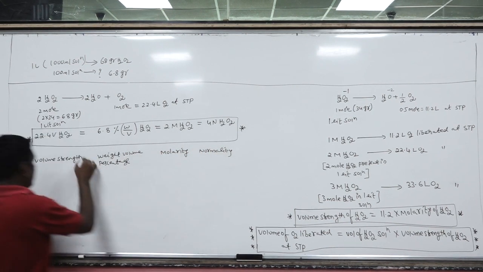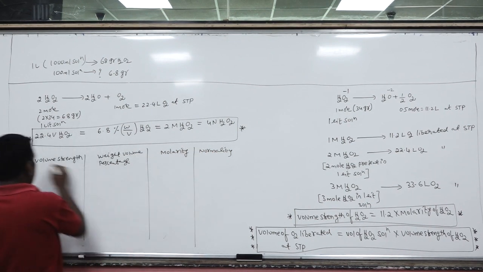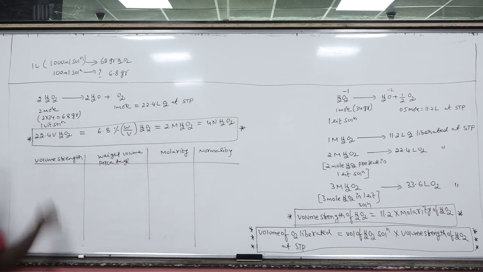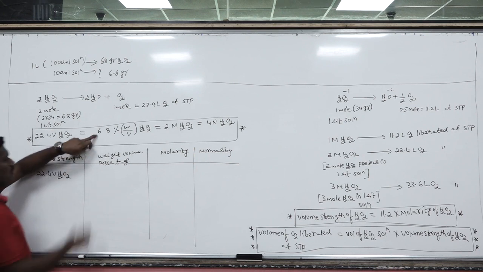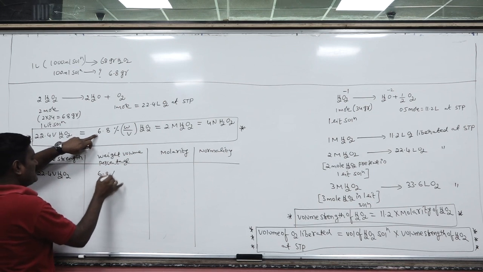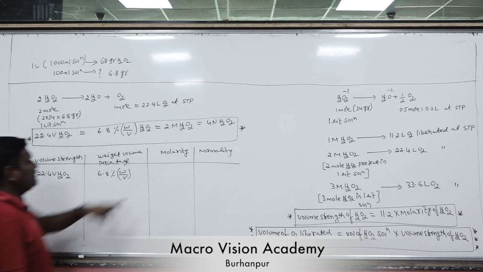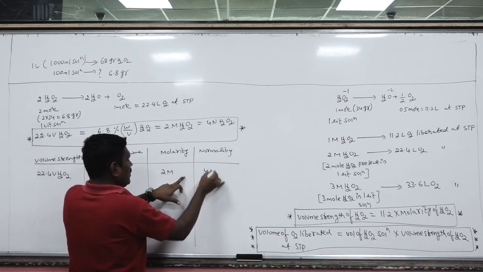Just by the unitary method we can solve this. Okay. You just have to know any one relation. Let's suppose I have 22.4 volume strength of H2O2, which is corresponding to 6.8% of W by V H2O2 solution. Okay, this will be corresponding to 2 molar. This will be corresponding to 4 normal.